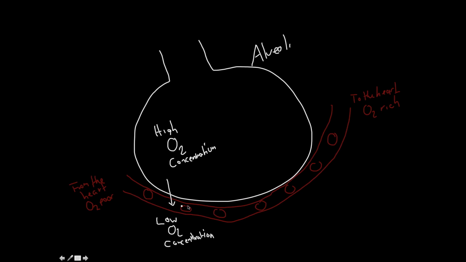Now, this O2 poor blood has a high concentration of carbon dioxide. The air that you breathed into the alveoli has a low concentration of carbon dioxide. So, based on diffusion, where are the carbon dioxide molecules going to want to go?